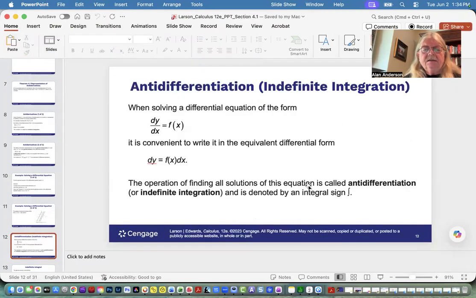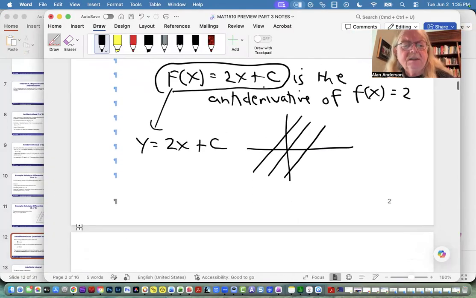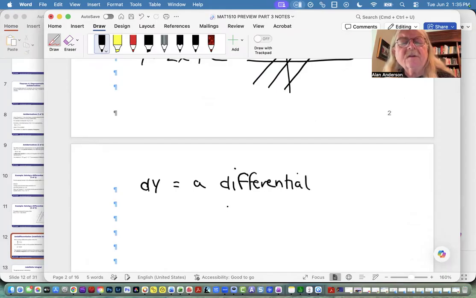All right, let's see. Sometimes you see these different, but by the way, just as a quick reminder, as far as the notation is concerned, we call that a differential. Think of it as an infinitely small change in y.